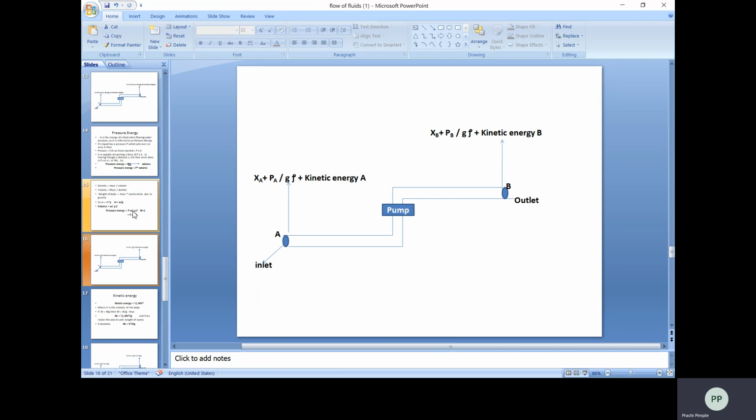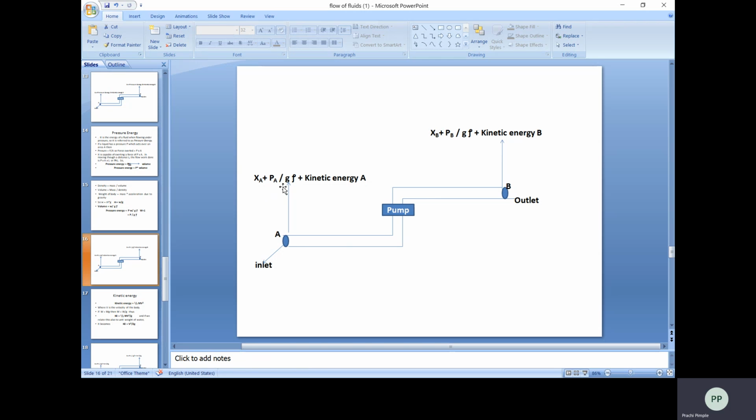So again, I have rewritten the total energy at A and total energy at B. Total energy at A is going to be XA, which we have already proved, plus pressure energy.